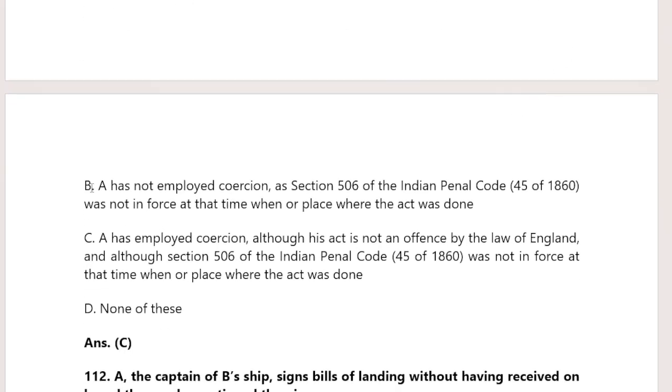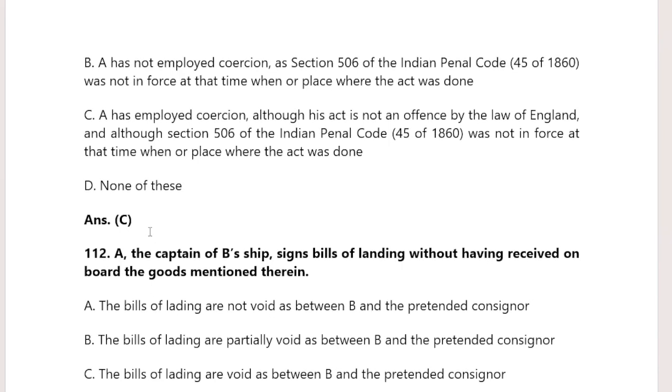Option B: A has not employed caution as section 506 of Indian Penal Code, Act number 45 of 1860, was not enforced at the time when or place where the act was done. Option C: A has employed caution although this act is not an offence by law of England, and although section 506 of Indian Penal Code, Act number 45 of 1860, was not enforced at the time when or place where the act was done. Option D is none of these, and the right answer is option C.